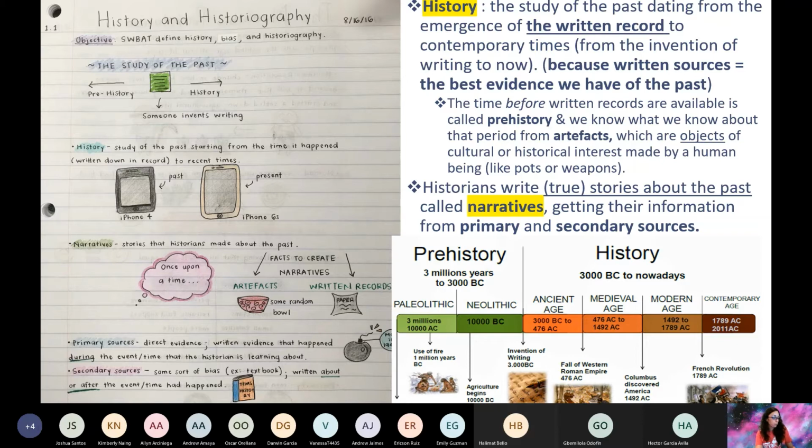Historians build their narratives from two different kinds of sources, and the distinction between the two is super duper important. Historians get their information from primary sources and from secondary sources, and I'm about to tell you what those are and why they're different.